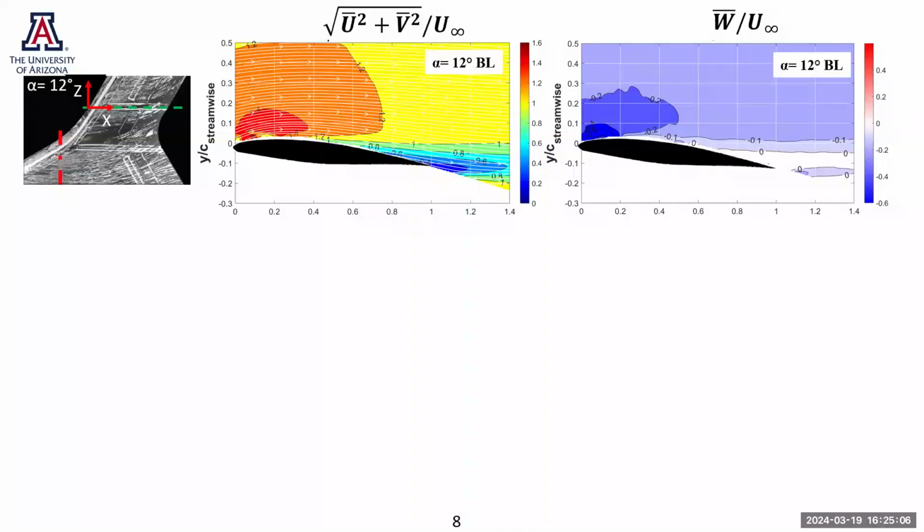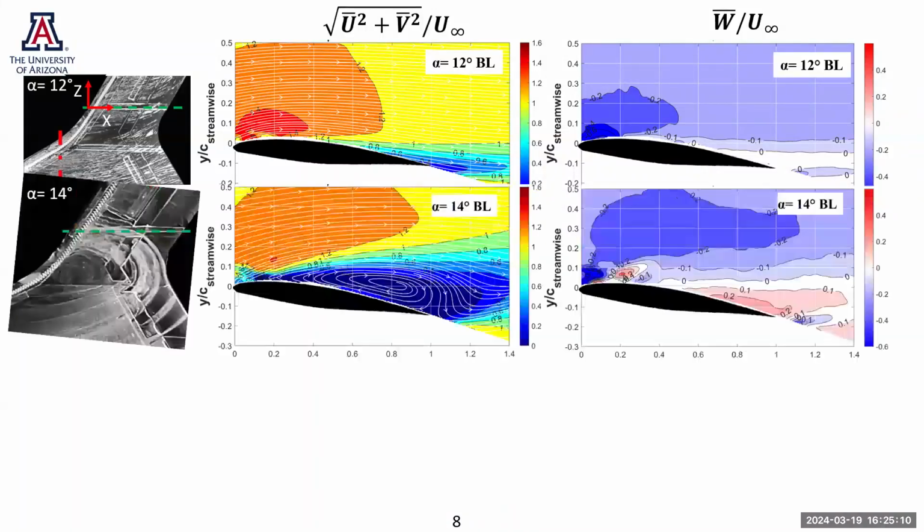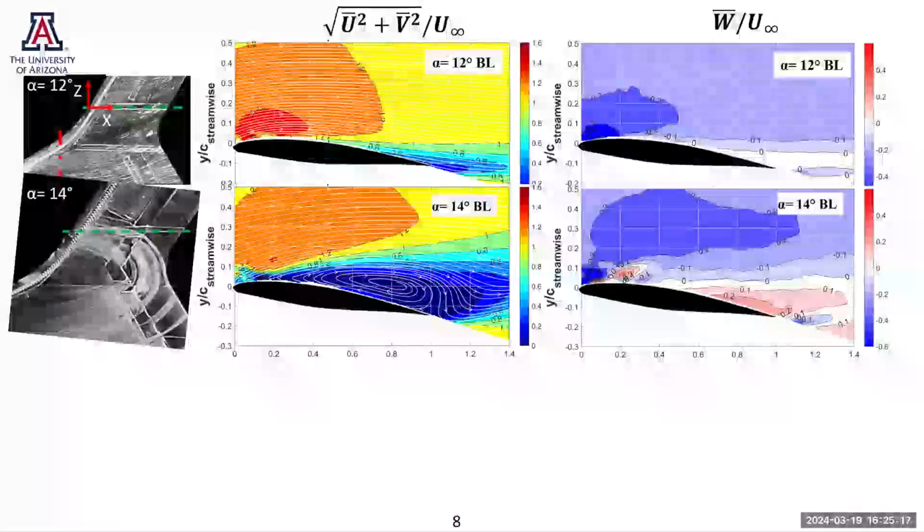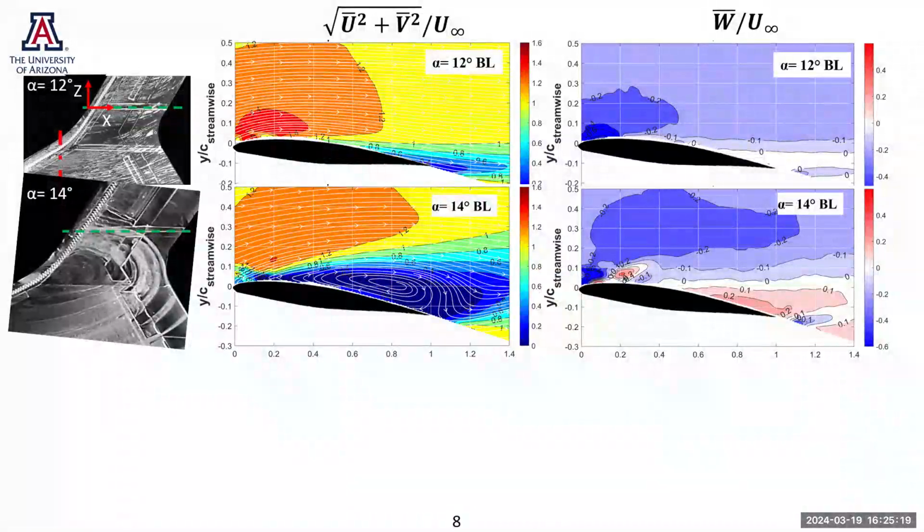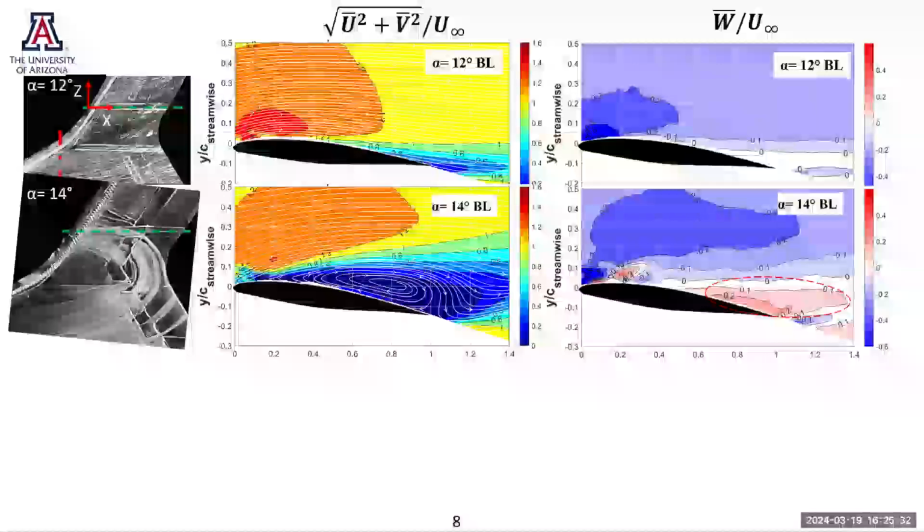But apart from that, we have pretty attached flow at this particular location, at this particular angle of attack. Now, when we increase the angle of attack to 14 degrees, where we notice this vortex liftoff process, we see a huge recirculation region. To complement that recirculating region for the W velocity, we have this strong outboard flow that is represented by this entrained flow from the inner wing to the outer wing.